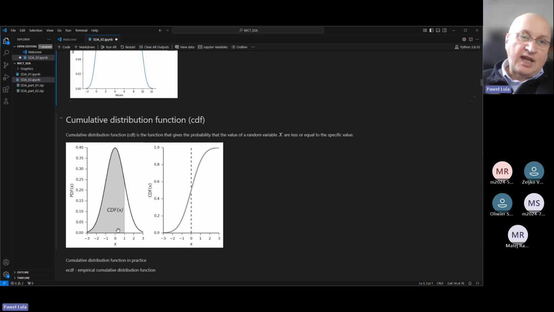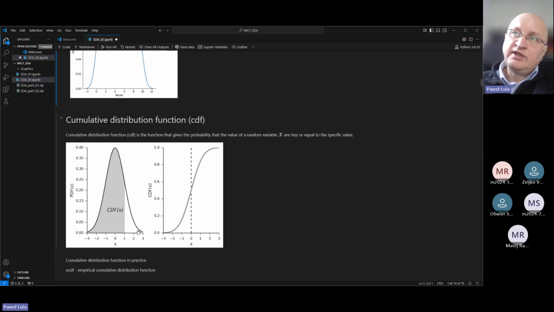Of course, sometimes we want to know the probability that a value of our random variable is greater than a specific value. What is the probability that a value of this x variable is greater than 1? Of course, it is equal to this area, which is here marked using this white color.